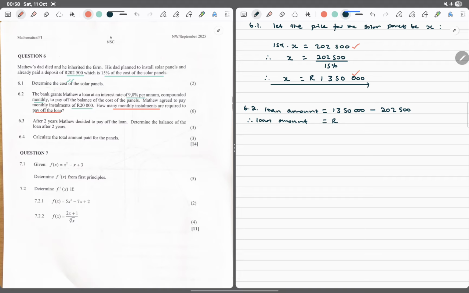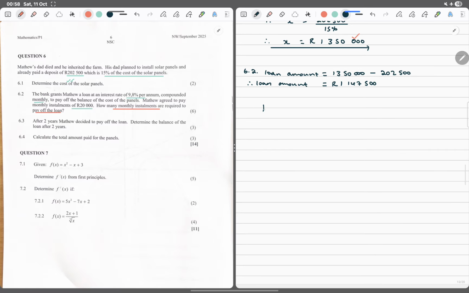Okay. So basically what we have here, this is 1,147,500 rands. Okay, right. So this is the amount of the loan that Matthew is going to get.